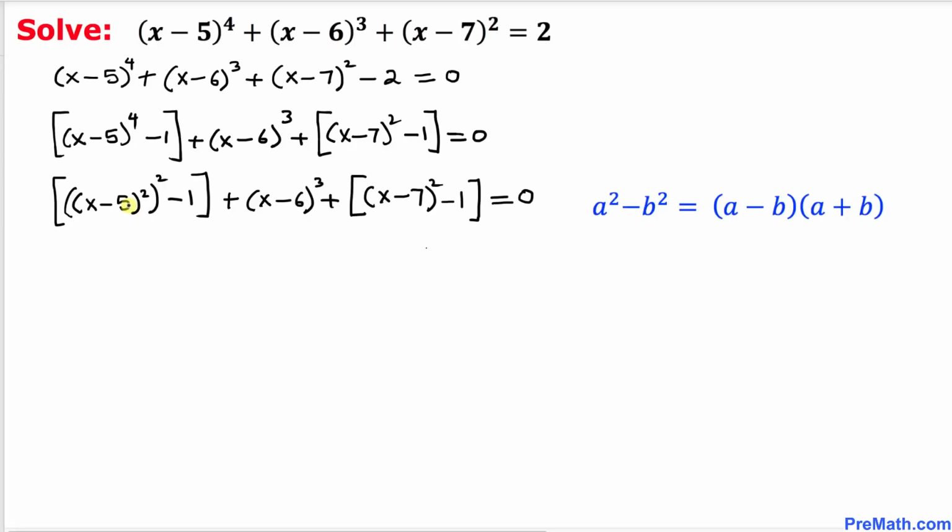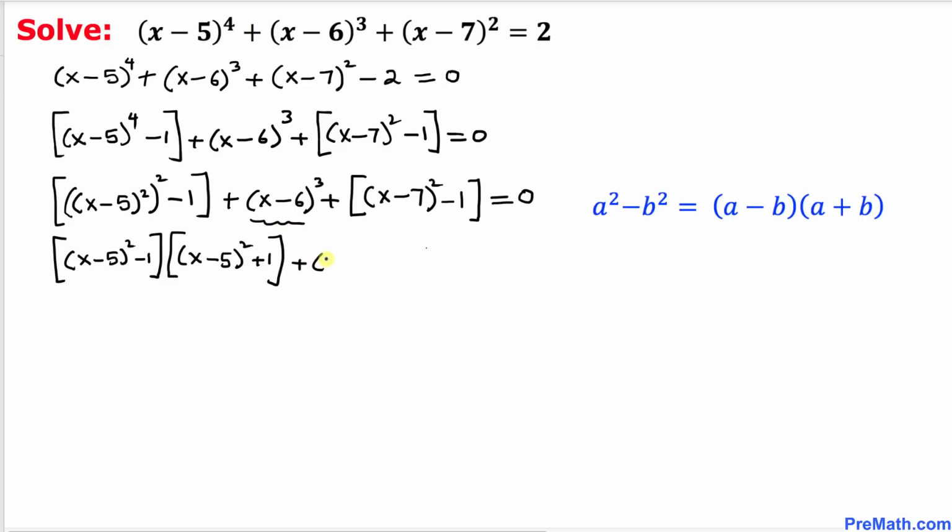So let's take care of our first bracket. This could be written as ((x − 5)^2 − 1) times the other one, which is going to be ((x − 5)^2 + 1), and we are going to leave this one as it is.